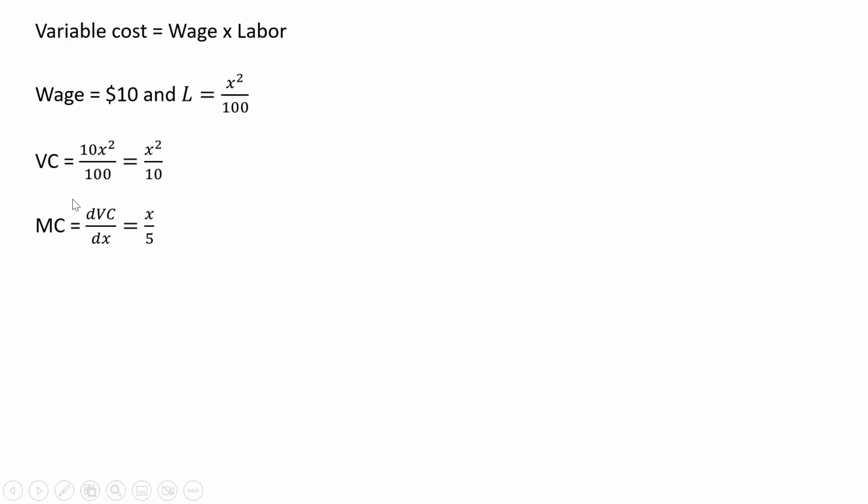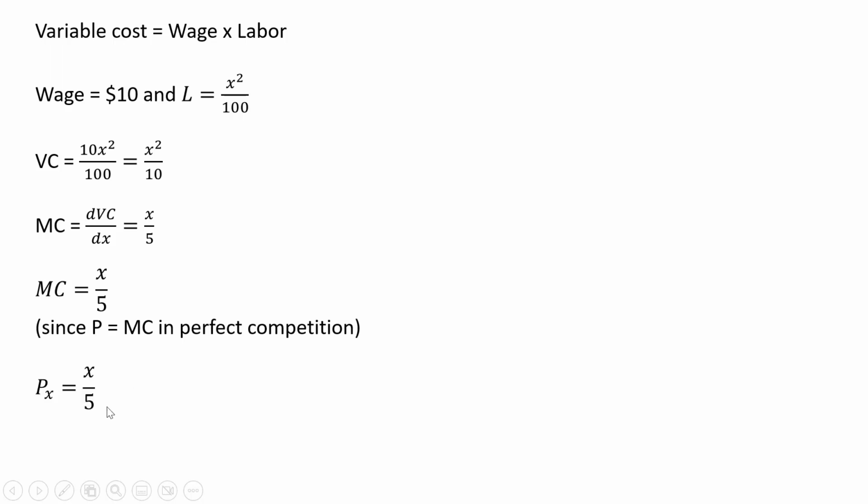To get marginal cost, we can take the derivative of the variable cost equation with respect to X. Doing that, we're going to get 2X divided by 10, or just X divided by 5. So that is the marginal cost for the individual firm. In perfect competition, price equals marginal cost, so we can replace MC with P. And now we can solve for X, and that is the individual firm's supply function for good X.